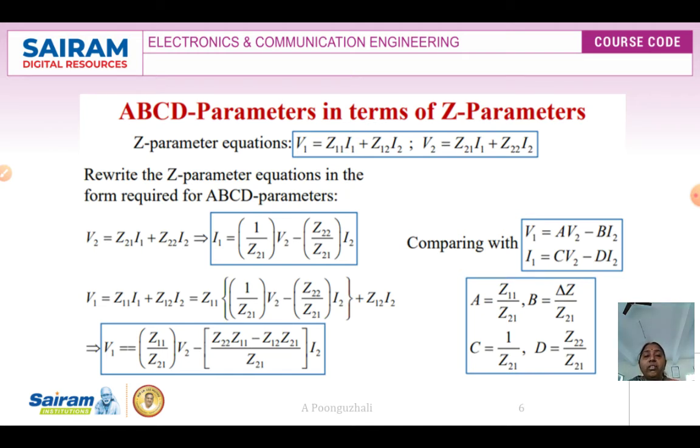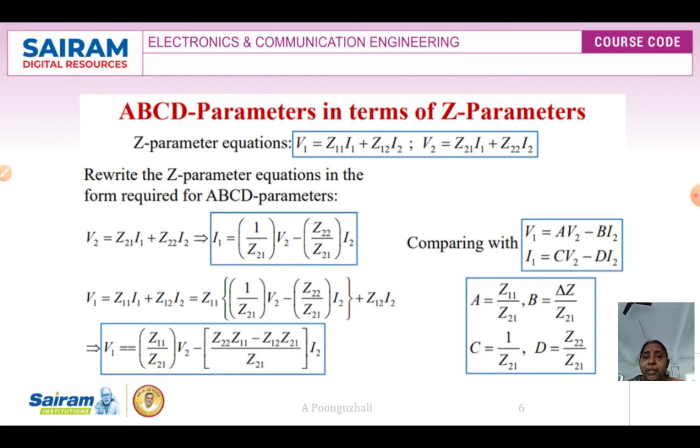If I want ABCD parameters, V1 is going to be one equation, and the other equation is going to be in terms of I1. Here we take the second equation for V2, which is Z21 into I1 plus Z22 into I2. So what is I1 from this equation? I1 is equivalent to 1 by Z21 into V2 minus Z22 by Z21 into I2.